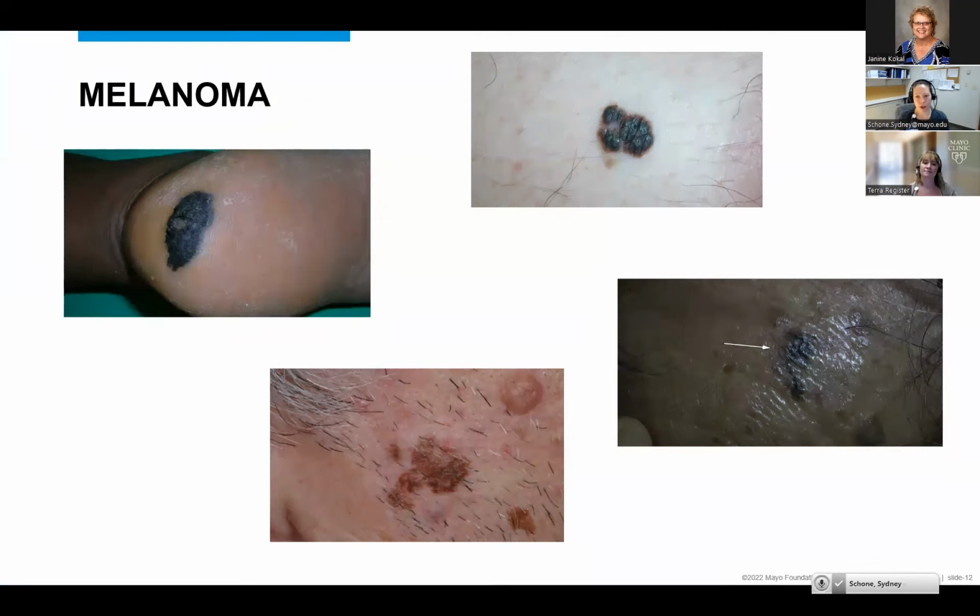Again, we're looking for asymmetry and border irregularities, which you can see within the other photos displayed. Color variation, where you're looking at different shades, size, as well as evolution, where you have a change in size, shape, or color of a new lesion.